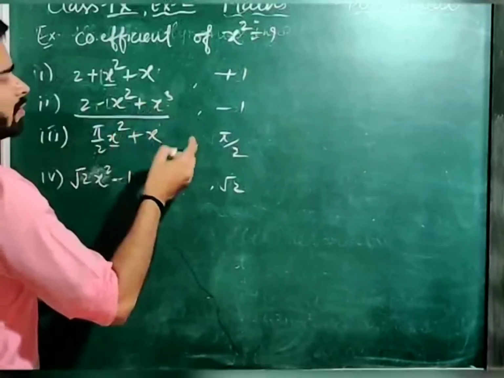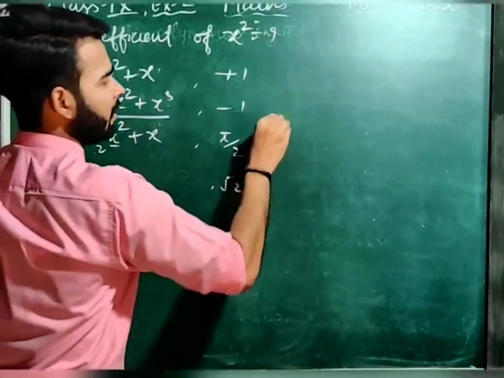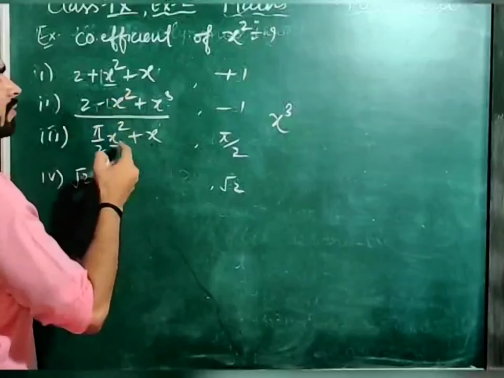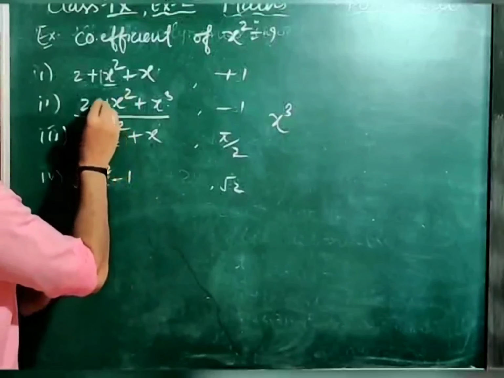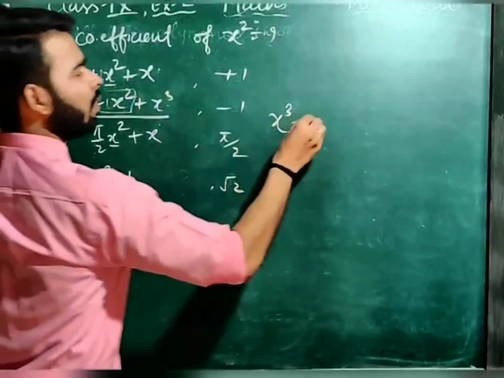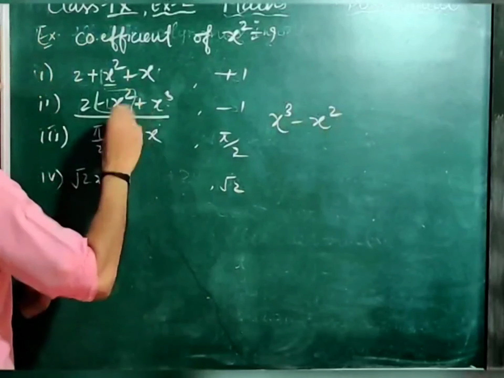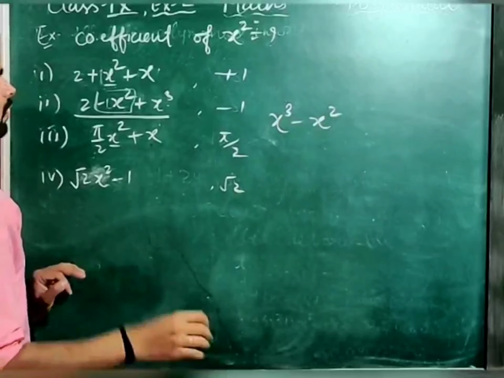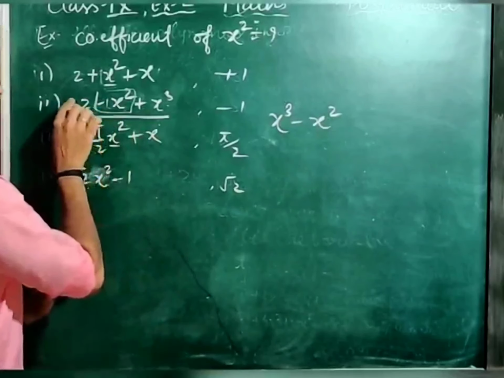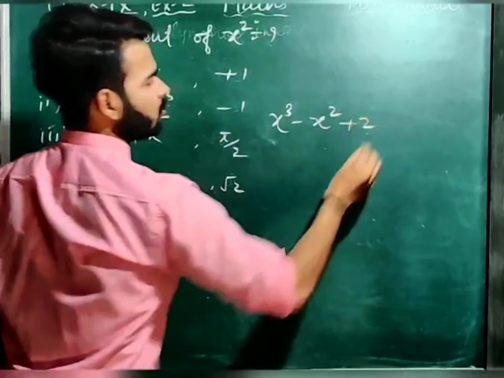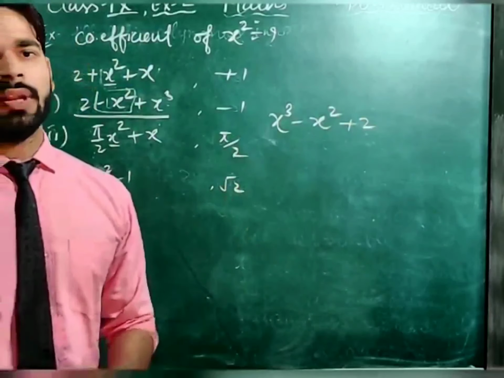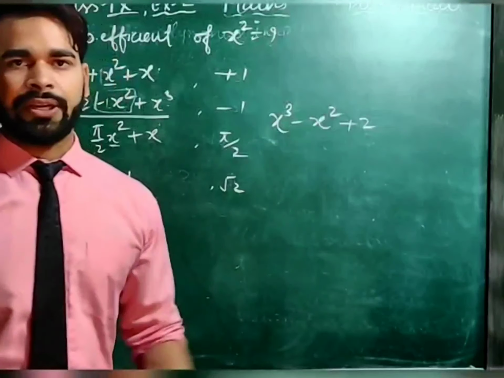You will write firstly the highest power, it means x cube, and after that x square. Along with the sign you will take it, minus x square, and then, firstly we can't write plus, so leave it. Here nothing, then plus is there, so we will write plus 2. So it is a method to write down a polynomial according to its degree in descending order.